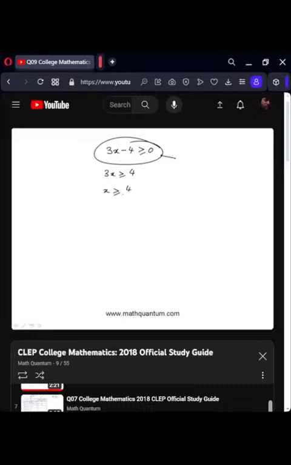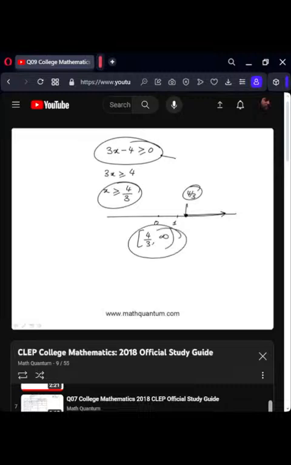We get x greater than or equal to 4/3. So we're looking for all numbers greater than or equal to 4/3, so that set would be 4/3 inclusive to infinity, and that's answer choice B.